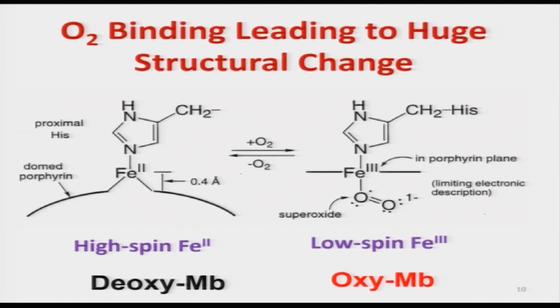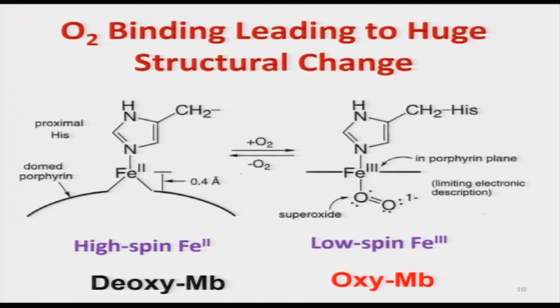This iron 2, which is in a high spin state and is displaced towards the proximal histidine, converts upon oxygenation from deoxy to oxy form, and the iron center comes into the plane of the porphyrin ring, whereas dioxygen becomes superoxide O2 minus. Due to such displacement, there is a huge change around the periphery of the heme center.